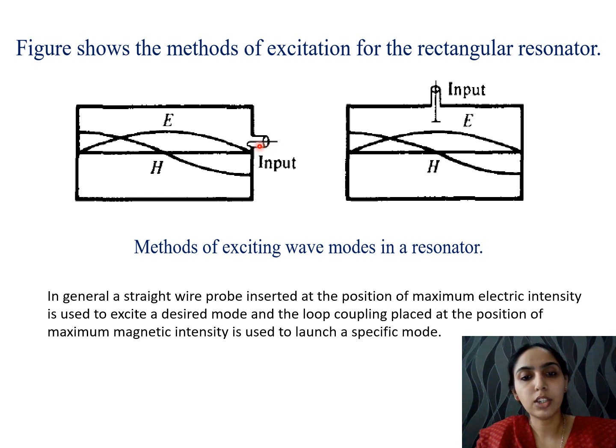So the loop plane should be normal to the flux lines, and it is placed at the position of maximum magnetic intensity to launch a specific mode.